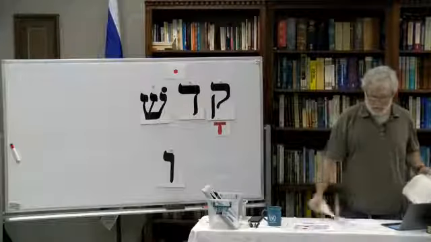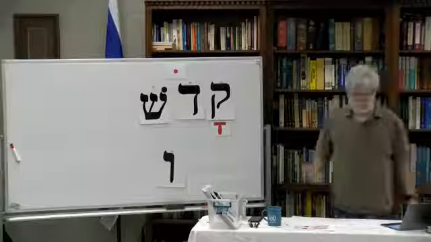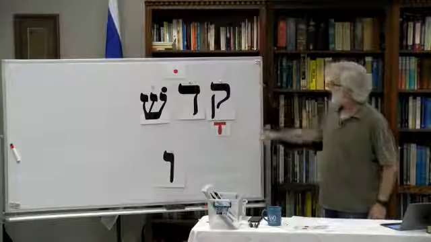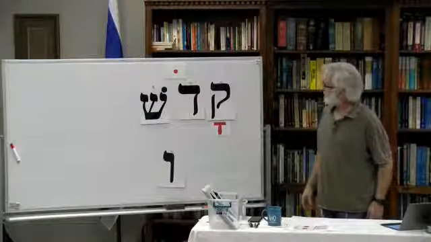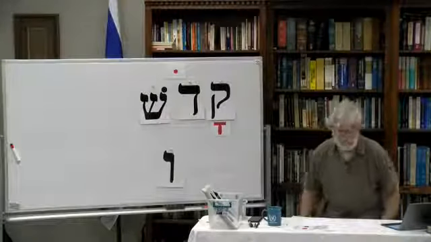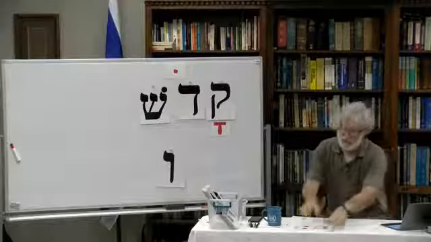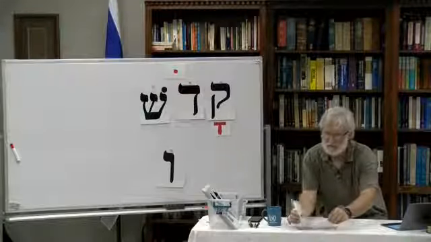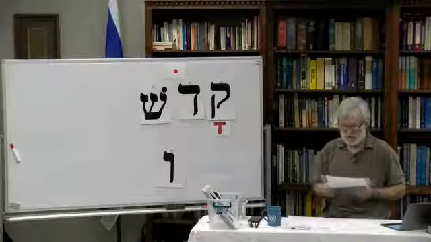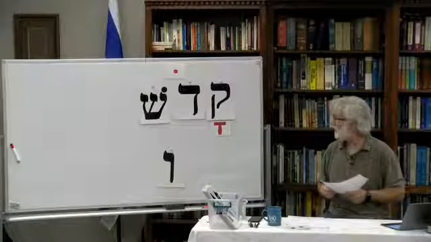Now, there's one other thing that I want to demonstrate for you when it comes to this particular spelling and this particular use of the vowels. We're going to be talking particularly about the vowel on your vowel chart. Look at your vowel chart. The Hebrew vowel sound of long O is represented two ways.